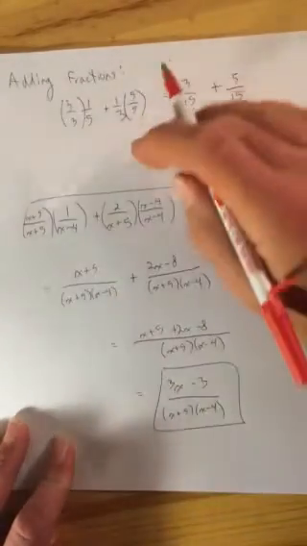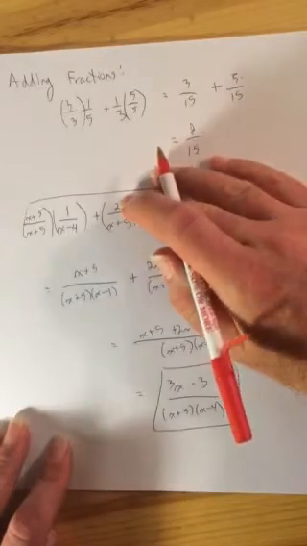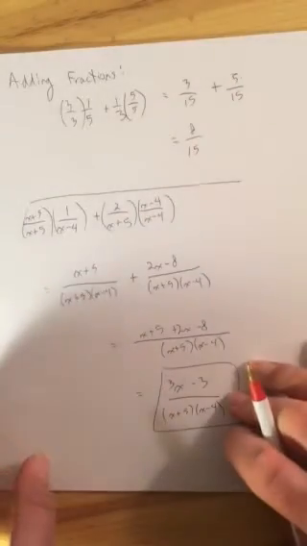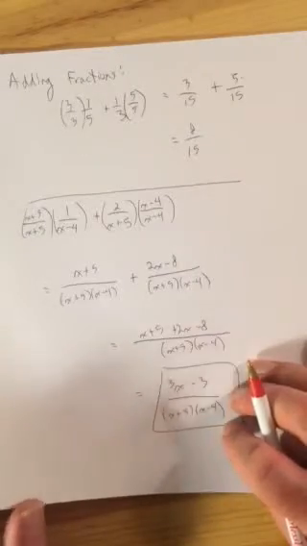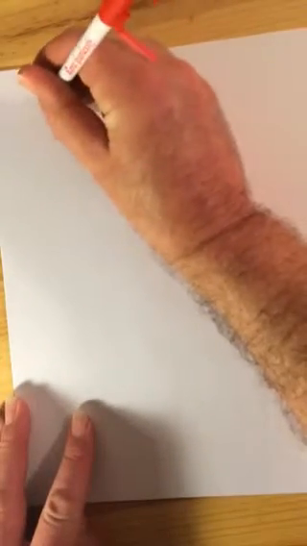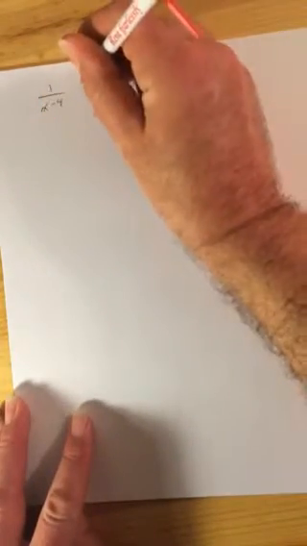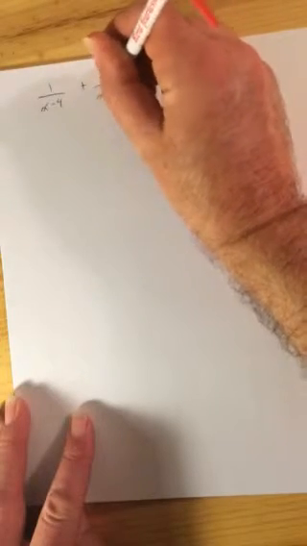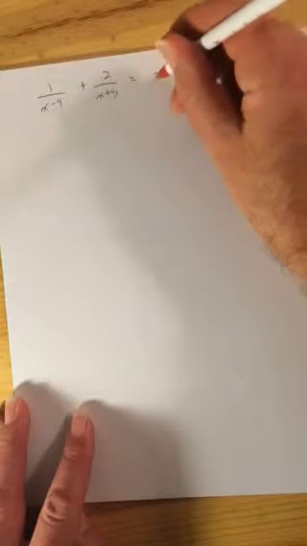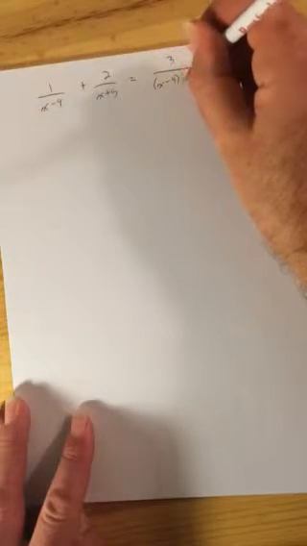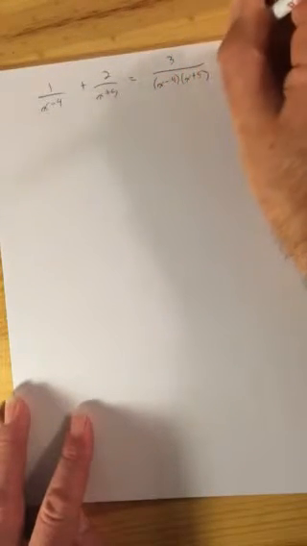So now we've reduced this sum of two fractions with different denominators into one fraction that's going to be easier to deal with. Now, let's say we got this in an equation, like what happened on the exam. Suppose you got something that looks like 1 over x minus 4 plus 2 over x plus 5 equal to 3 over x minus 4 times x plus 5.